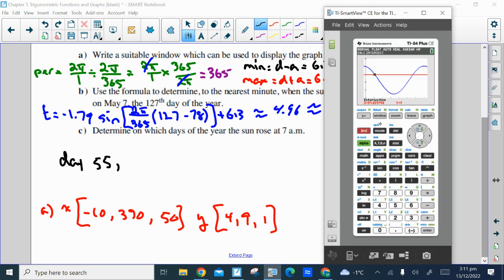As well as, so that's 50, 100, 150, 200, should be close to day 250, 280, 284.